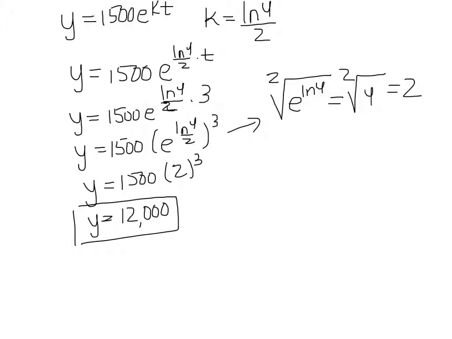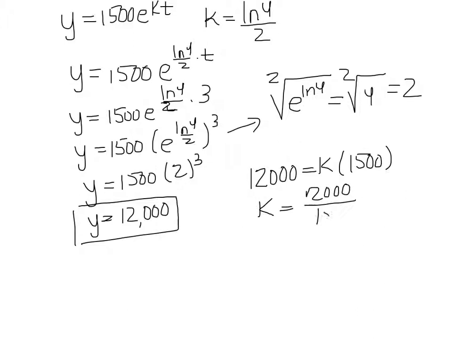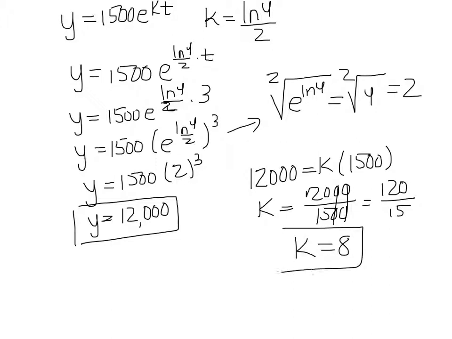The question is, if 12,000 is the third day, what's the multiplier times the original condition of 1,500 that got us there? Well, the factor is going to equal 12,000 over 1,500. So 120 fifteenths, and actually 120 fifteenths is 8.